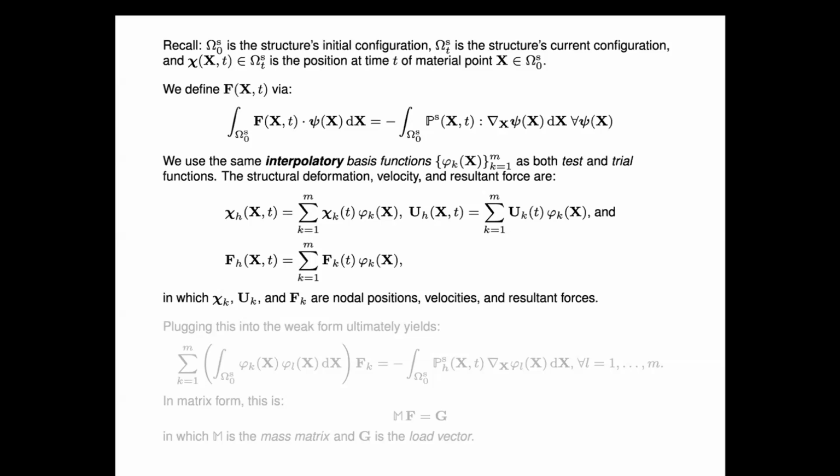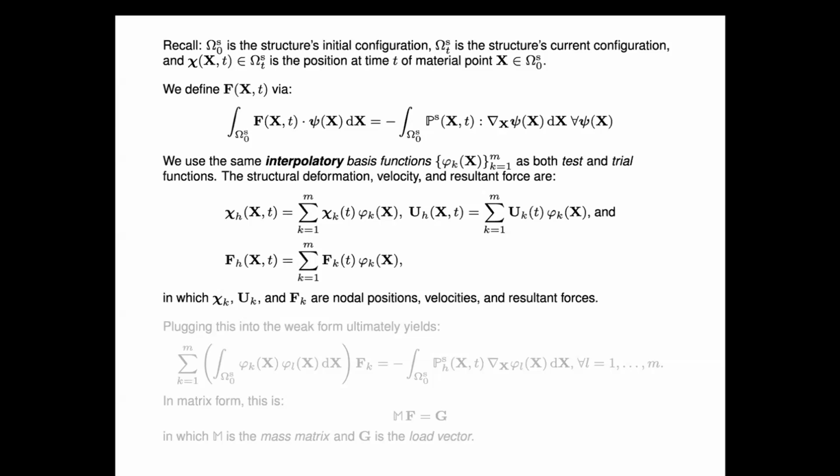Here you can think of K as an index that's looping over all of the nodes. Phi K is a finite element basis function that's concentrated at node K. And so this is interpolating all of those nodal positions. The individual nodal positions are going to be functions of time. The basis functions are functions of space. And then you put them together and you get this global field that defines the overall deformation.